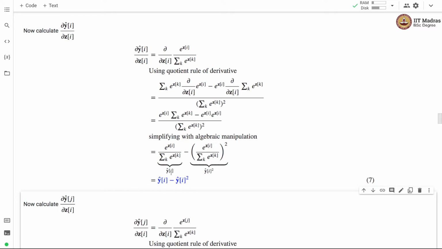So this is nothing but yi hat, and this is yi hat square. So we get the partial derivative as yi hat minus yi hat square.